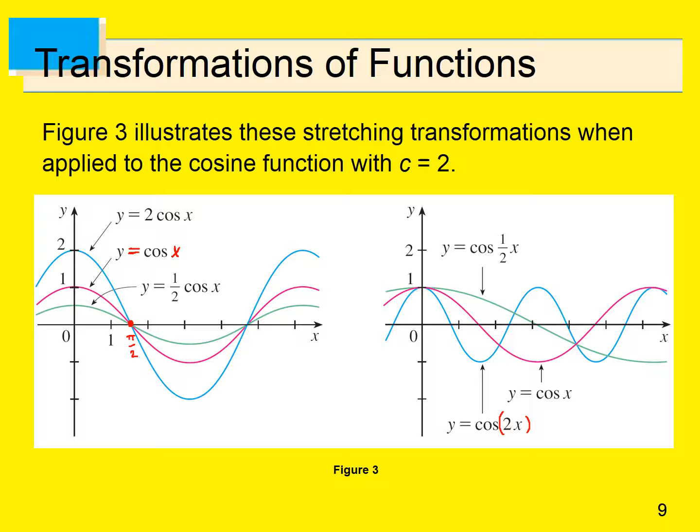After the horizontal compression, we now have an x-intercept less than 1. You can see here's 1. It's half of that 1.57, so it's about 0.78. And so the corresponding point is much closer to the y-axis than the corresponding point on the original pink graph.